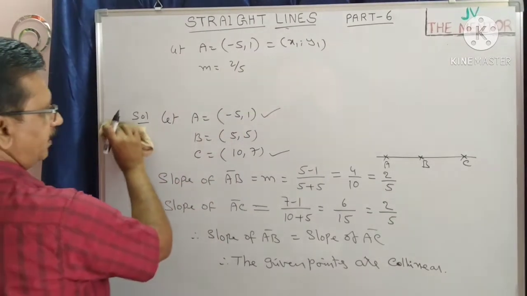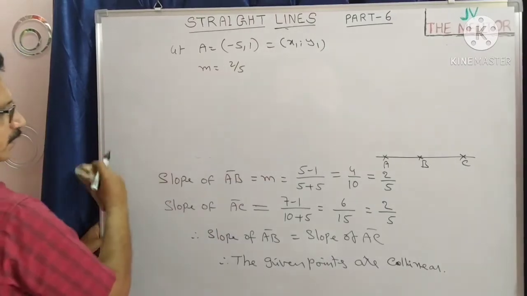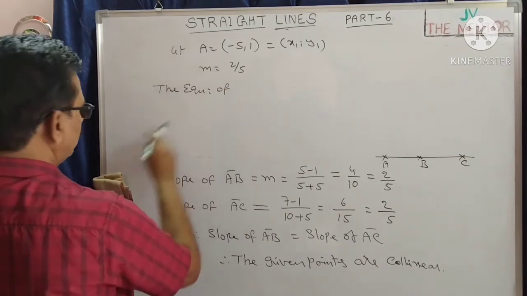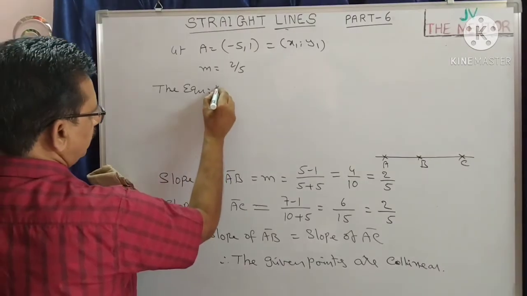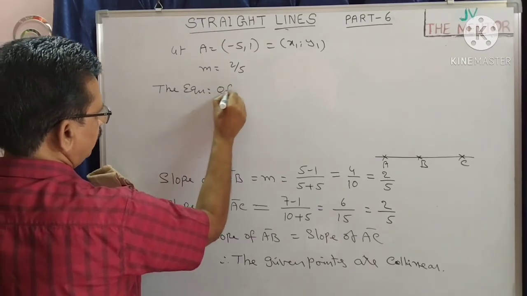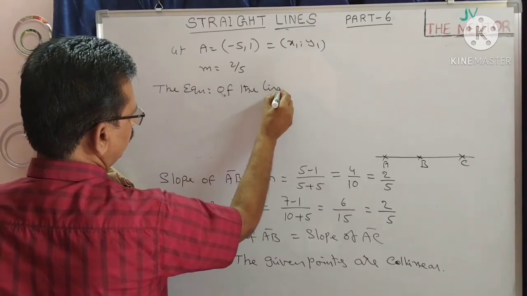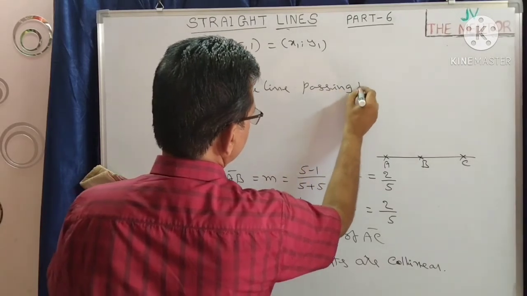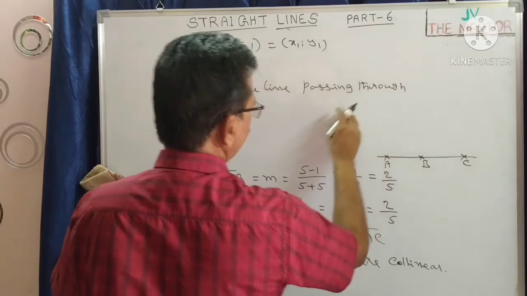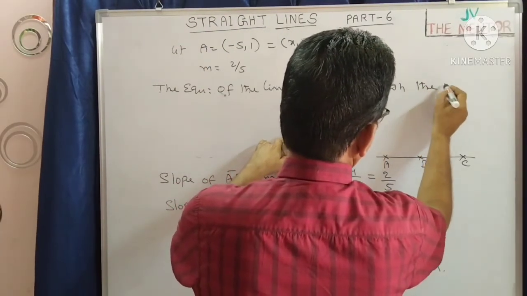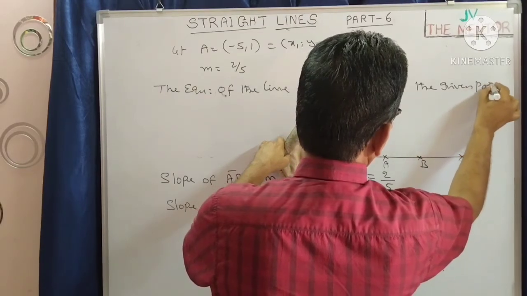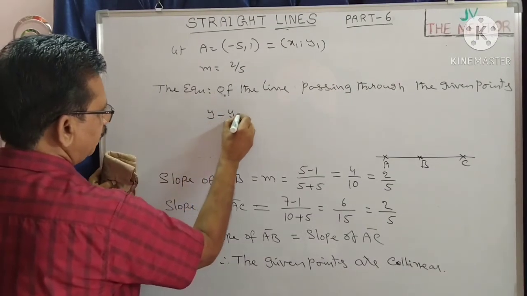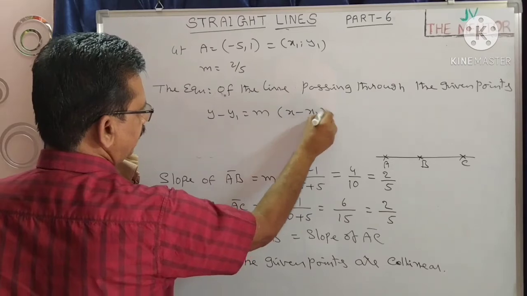Now the equation of the line AB, the equation of the line passing through the given points, is y minus y1 equal to m into x minus x1.